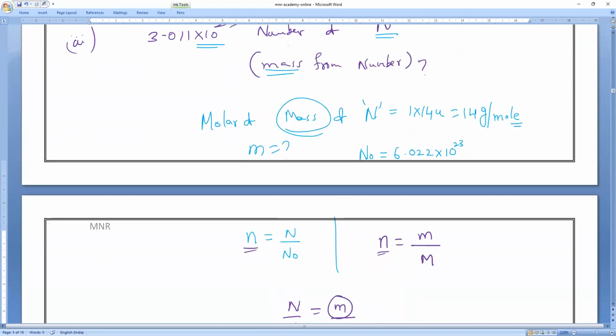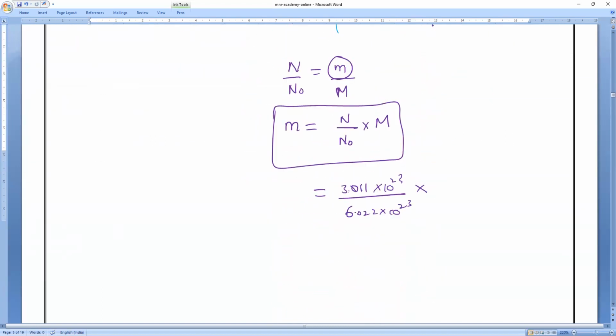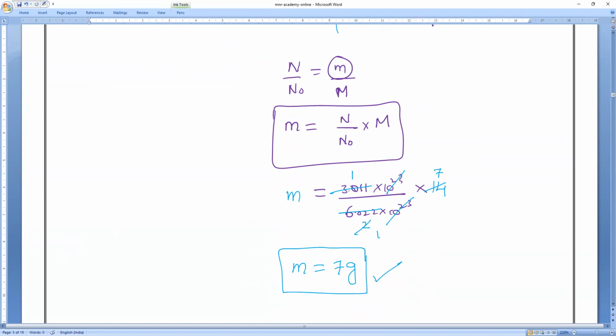How much is the molar mass? 14 gram per mole, so I will write 14. Now the 10 power 23 cancel. 3.01 over 6.02 is half, half of 14 is 7. So what is the answer? Given mass equals 7 grams.